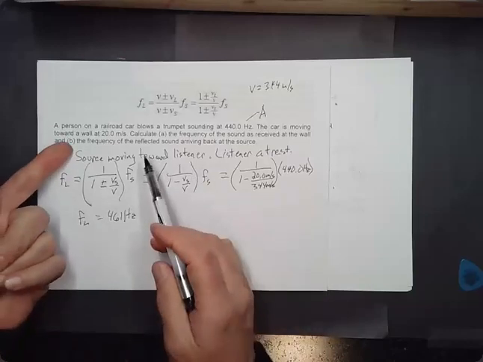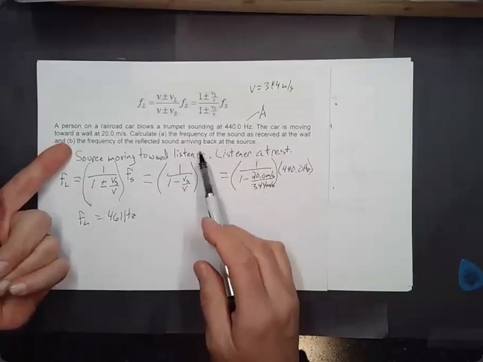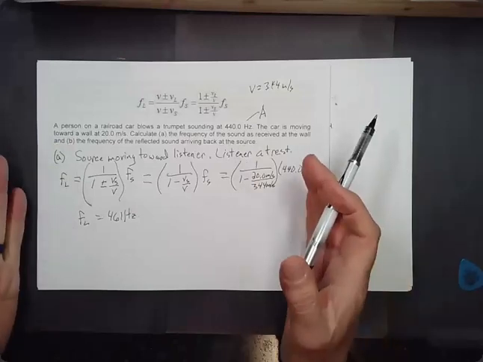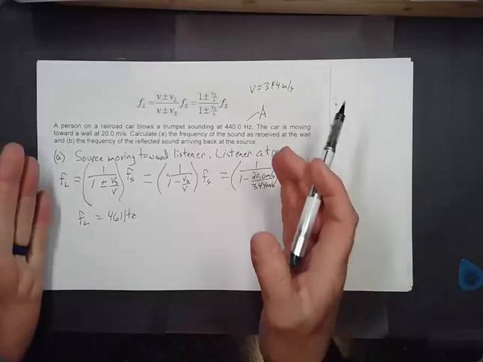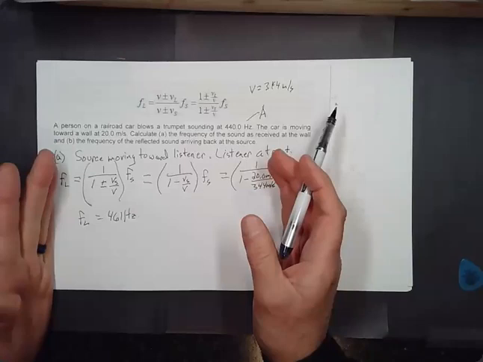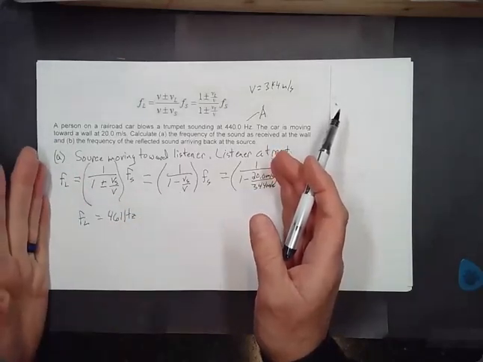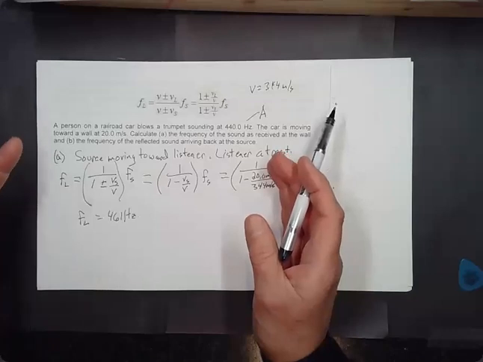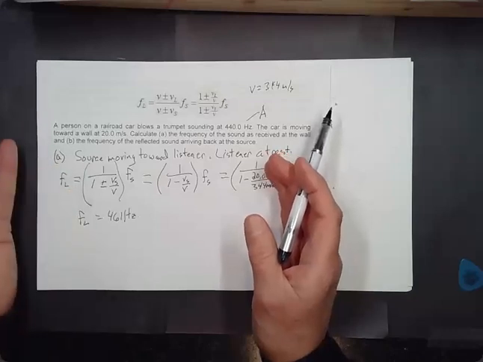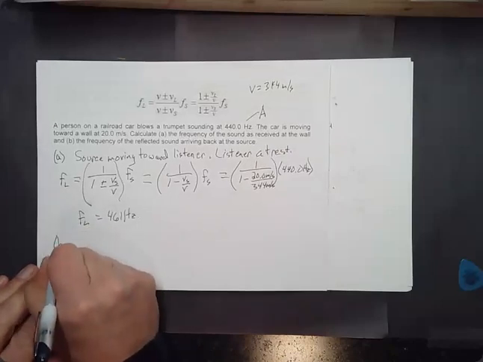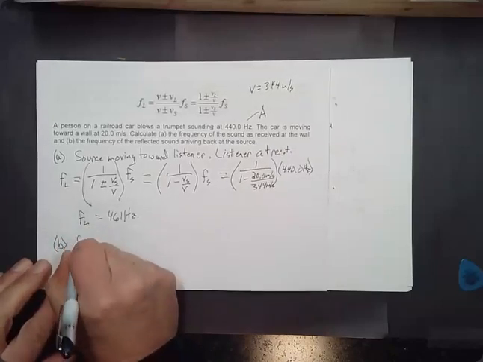The second part asks for the frequency of the reflected sound arriving back at the source. So now the wall is acting as the source of the sound, because we're talking about the echo here. And the listener in this case is somebody who's on the train. So for part B, we'll have the source at rest.